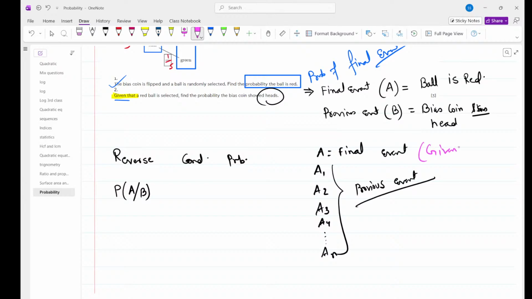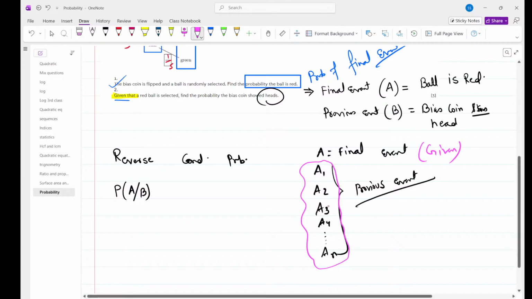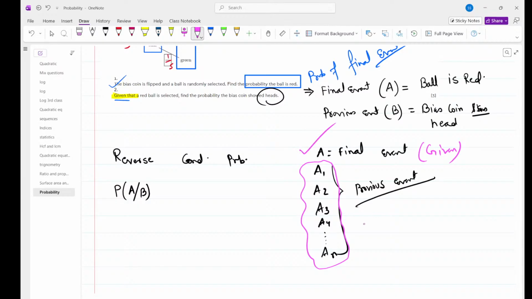The final event will be given, and we have to find the probability of any one of the previous events. It can be for anyone, like I can find for A3, A4, right? So what I'm telling you, the final event will always be represented by A. It's my suggestion, not a compulsory thing.